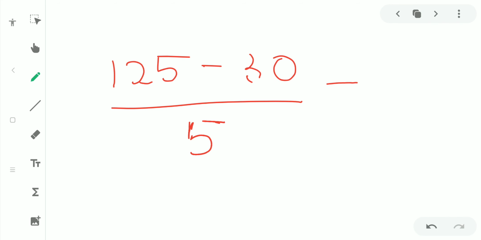So you are having 125 minus 30, which is equal to 85.